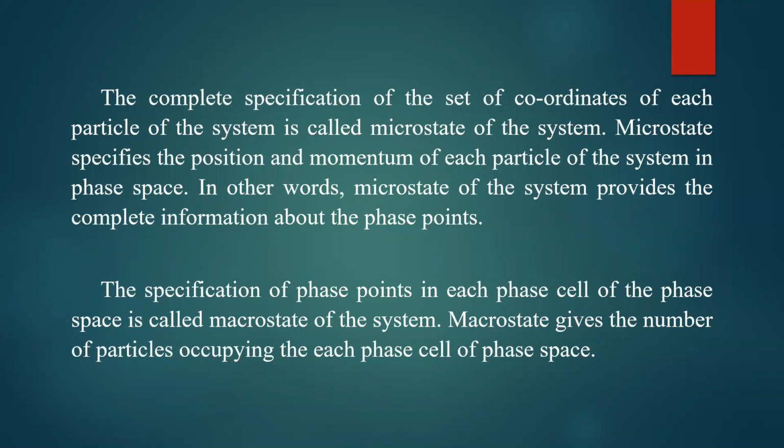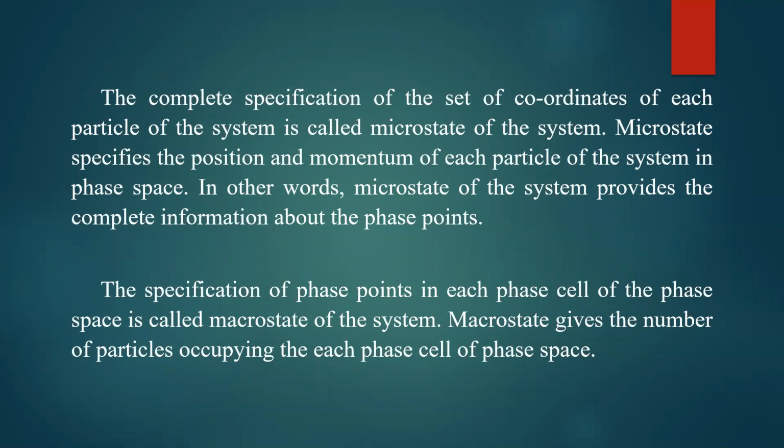Microstate means we should know all the information about that particle, including position, momentum, etc. That is called the microstate of the system, of each particle of the system in phase space. If its position, momentum, everything is explained, that is called the microstate of the system.